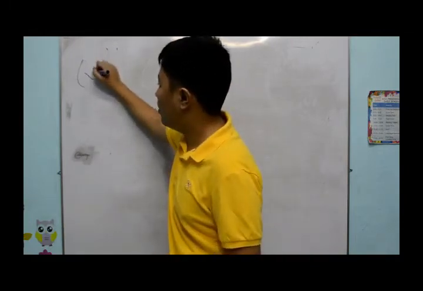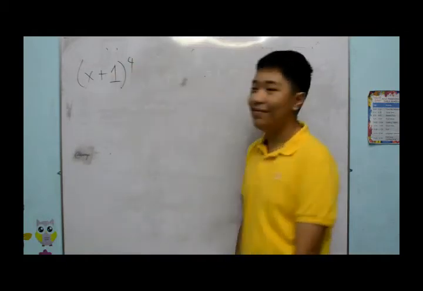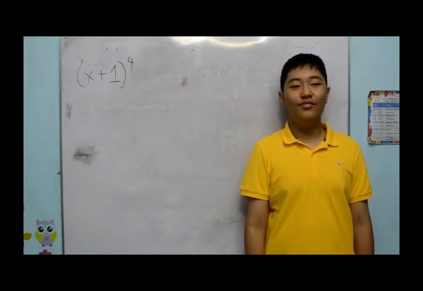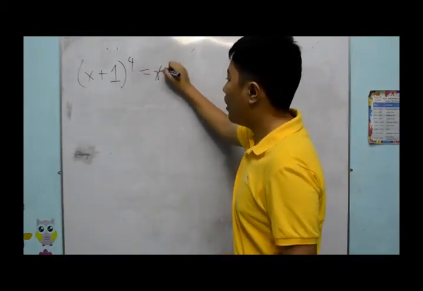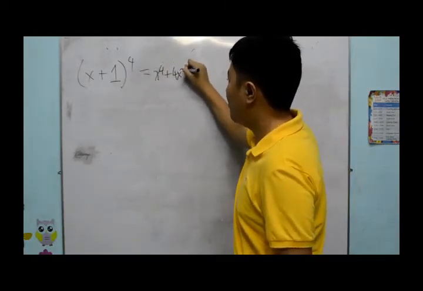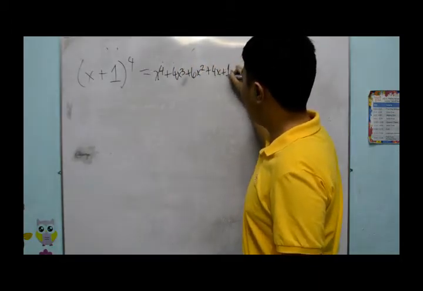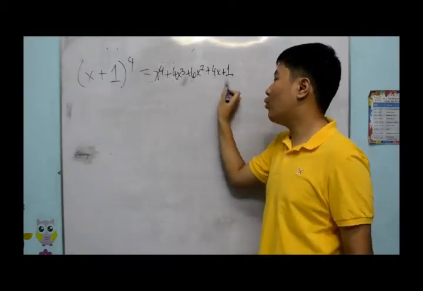Now, let's proceed to mathematical applications of combinatorics. First, try to solve this. I'll give you some time. You should have gotten this: x to the 4 plus 4x cubed plus 6x squared plus 4x plus 1. Look at the coefficients. 1, 4, 6, 4, 1.